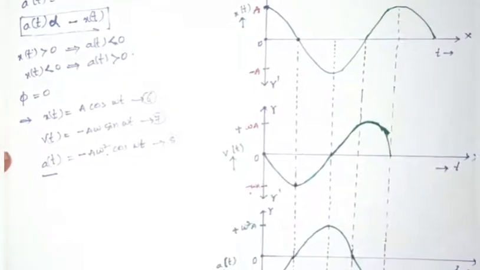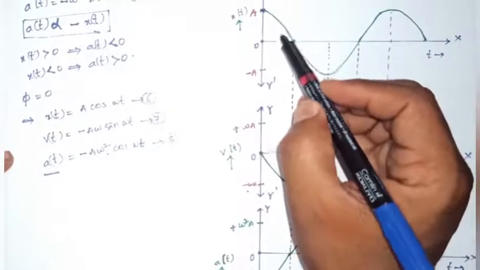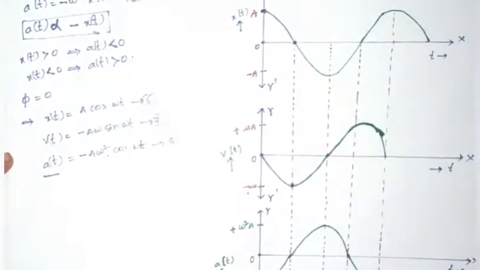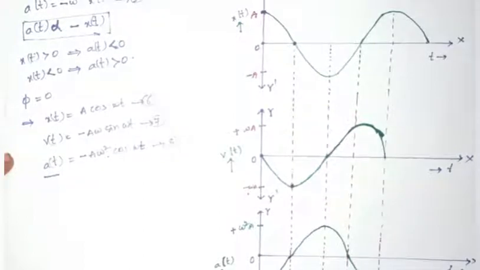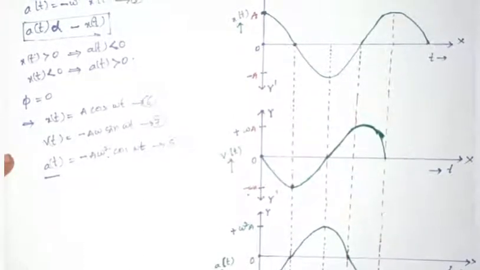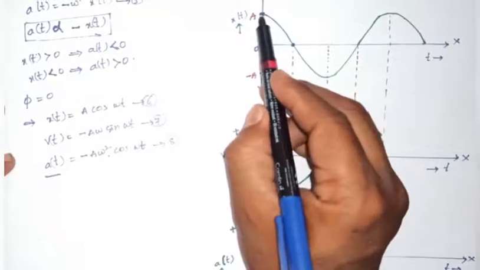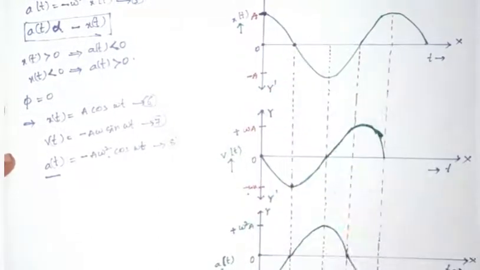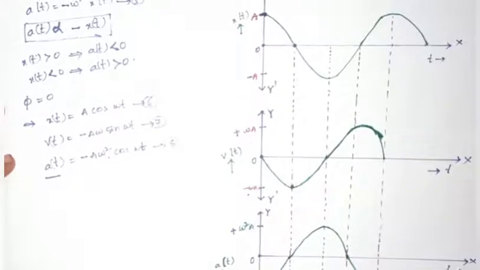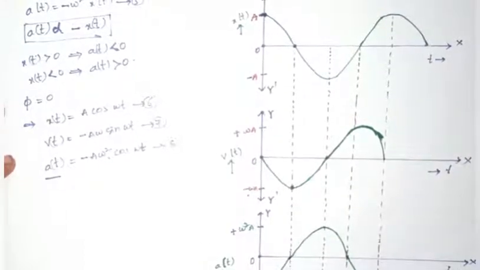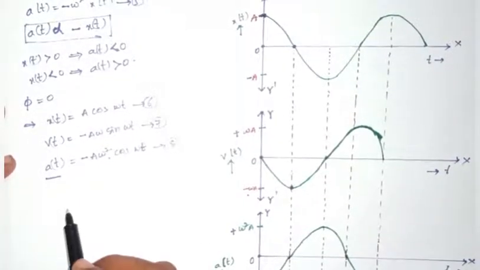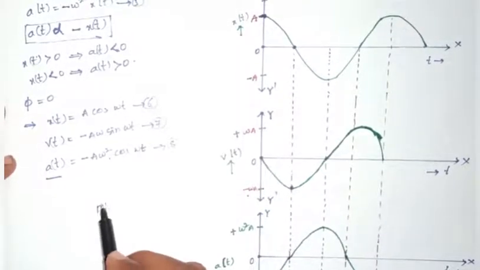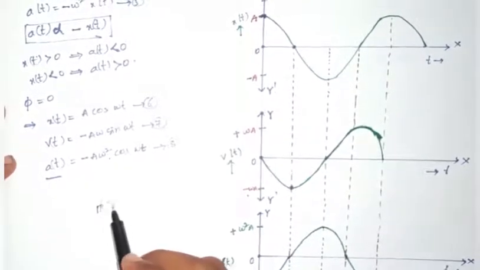And again, the phase angle between displacement and acceleration is pi. Because displacement starts from positive a, while acceleration starts from negative, the phase angle between displacement and acceleration is pi, or 180 degrees.